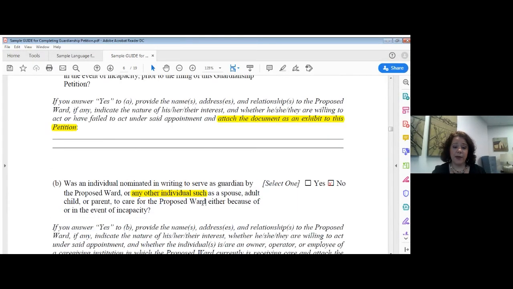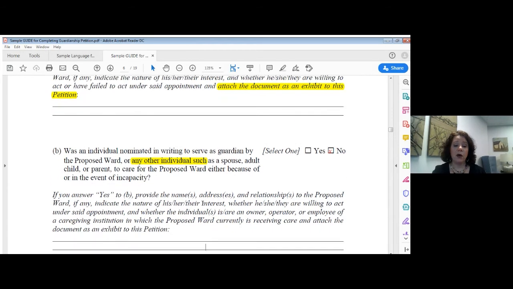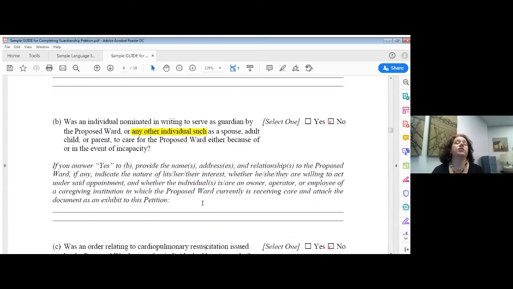Has anyone ever been nominated by the proposed ward or any other individual, such as a spouse, adult child, or parent, to care for the proposed ward? So this would come into play. For instance, a lot of parents say, okay, great, I'm going to be the guardian now, but what happens after I'm gone? Who's going to be the guardian? And parents should always have someone nominated under their will or in another writing to take over as guardian.